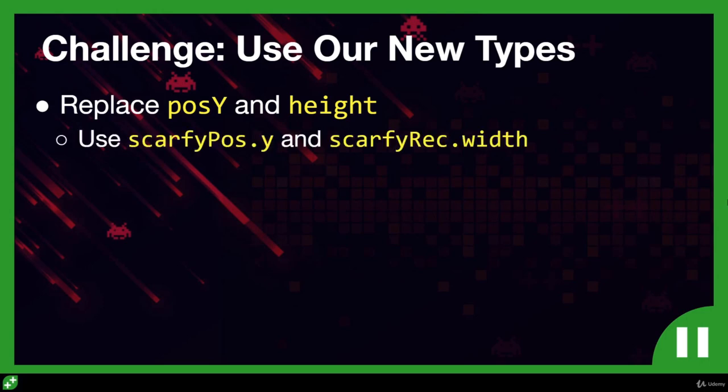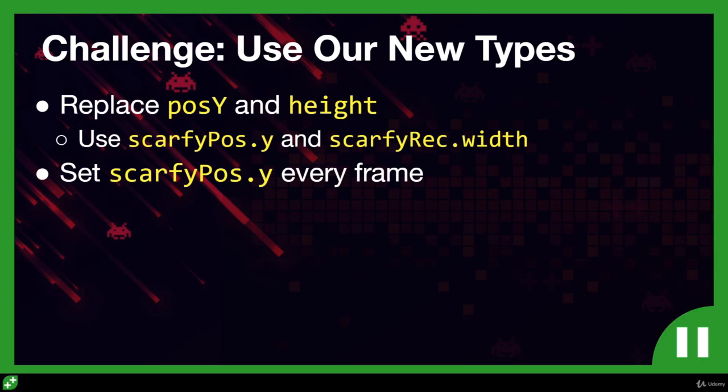Instead, we're going to be using scarfypause.y for our y position and scarfyrec.width for the width of Scarfy's sprite. We also need to set the scarfypause.y variable every frame as we update the location using the velocity. Pause the video and fix our code now.